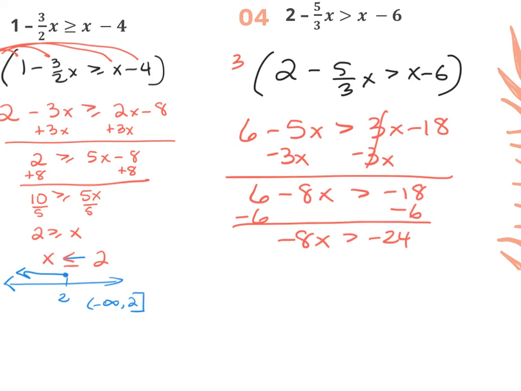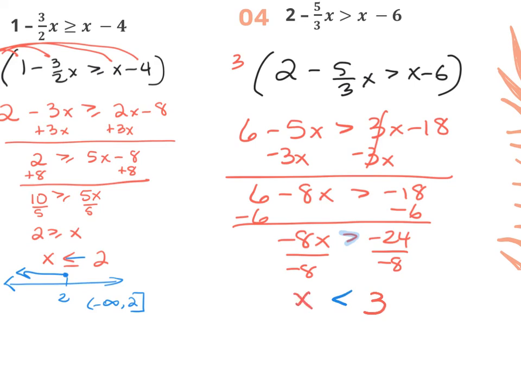Now I'm going to divide by a negative 8. This is where that exception comes in. When you're dividing or multiplying by a negative number, this symbol that's right here is now going to reverse. I'm still using my rules for integers. Negative 24 divided by negative 8 is positive 3. But now this symbol, because I divided by negative 8, just flipped around.